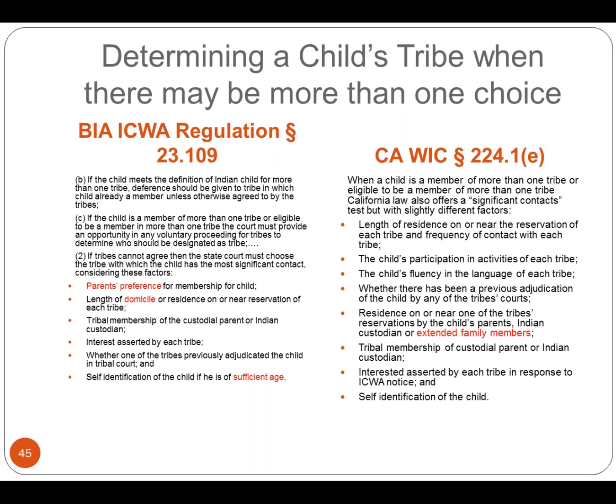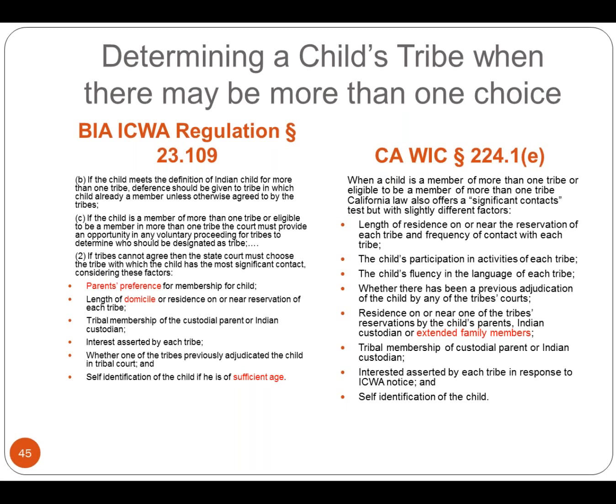Under California law, we have what's called a significant contacts test with slightly different factors. Some of them are the same, but some of them are different than what we get under the regulations. So, length of residence on or near the reservation of each tribe and frequency of contact with each tribe, the child's participation in the activities of each tribe, the child's fluency in the language of each tribe, those are different. They are not present under the regulations.